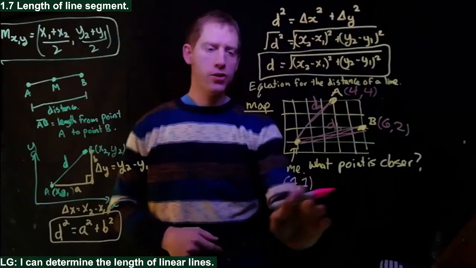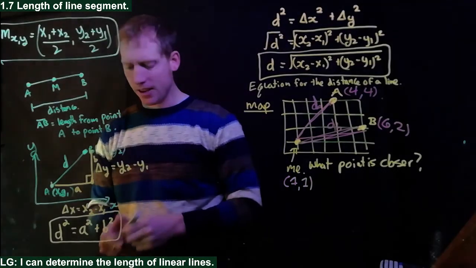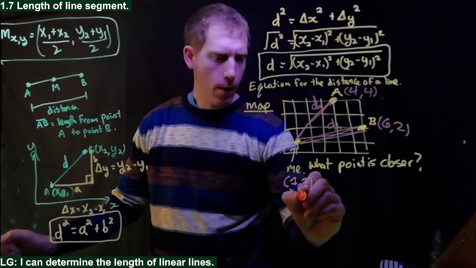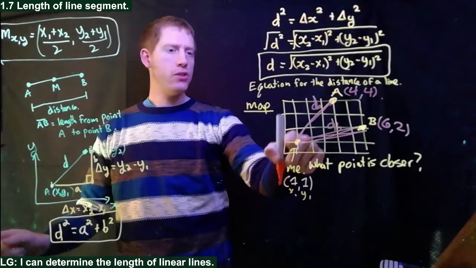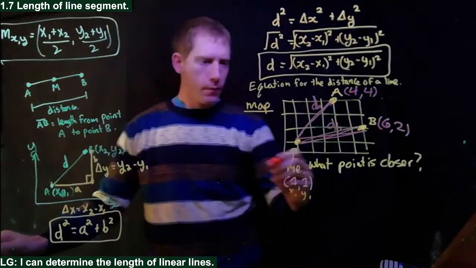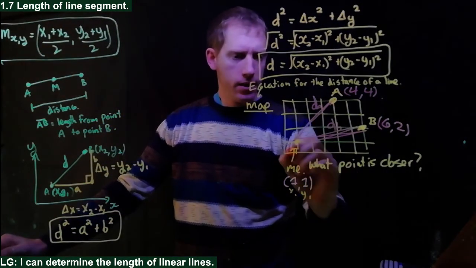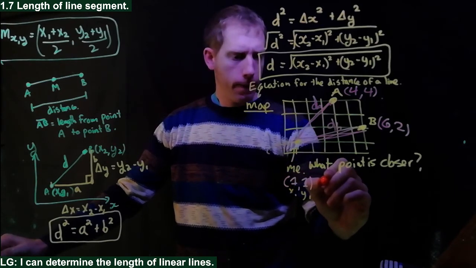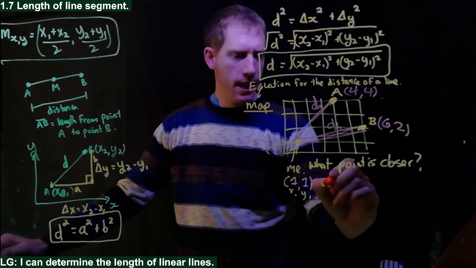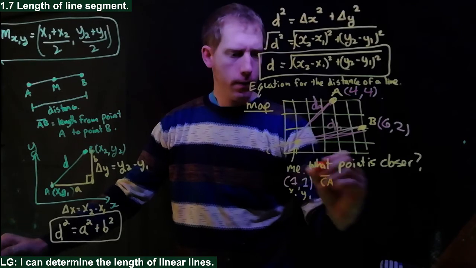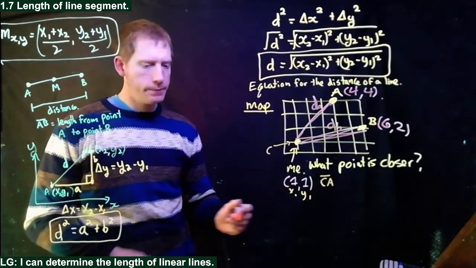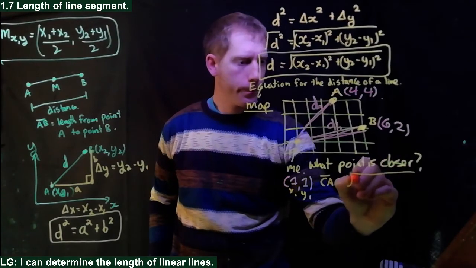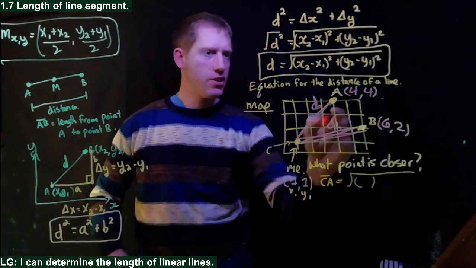So we're all going from here. So this will be your starting x. This will be your x1, y1. So let's find the distance from here to here. We're going to call this point here C. The distance between CA, the length of that line, is going to be equal to the square root of x2.